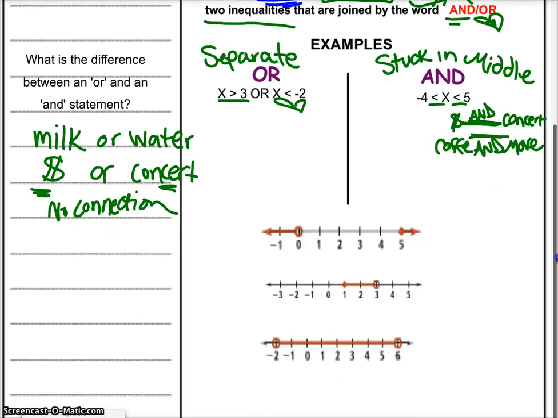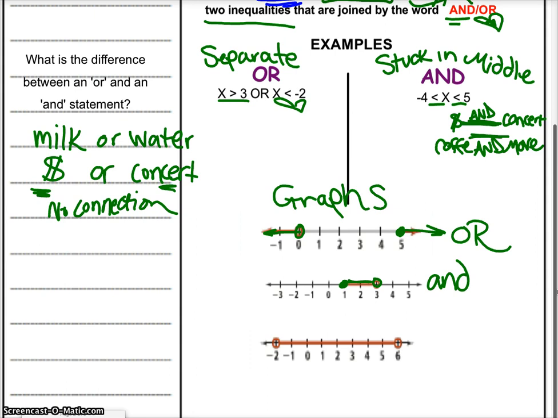So I want to show you a couple examples of what the graphs will look like. These are what graphs look like for ors and ands. Notice that I'm going two separate directions. I'm getting smaller than, and I'm getting bigger than. Separate directions means an or statement. The next example, it looks like I have a colored in circle and an open circle, and they're connected. When they're connected, it's an and statement. Or is separate, you're going in opposite directions, and and is connected.